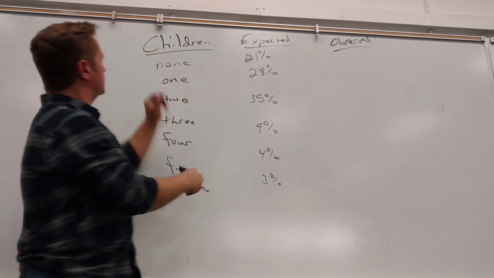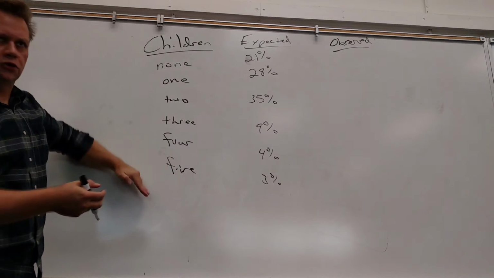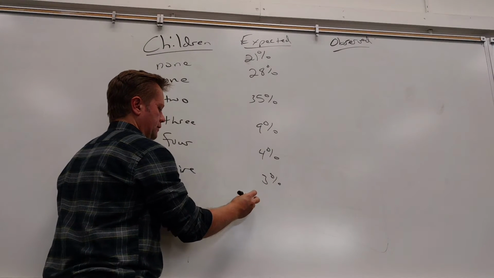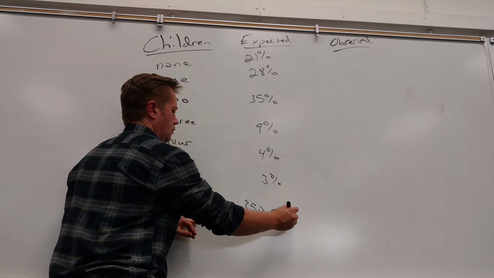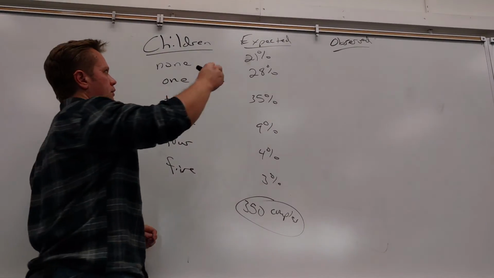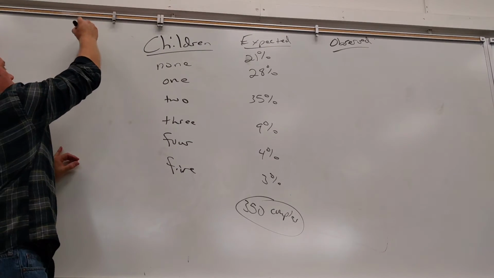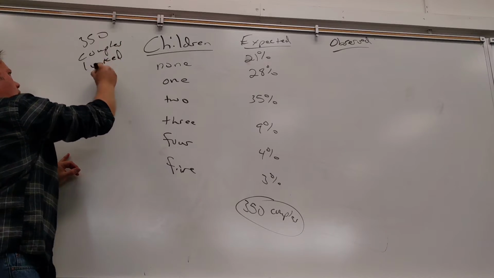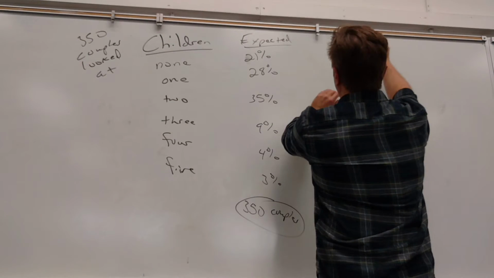Let's say this is looking at people in a relationship and how many children they've had. And let's say I look at 350 couples. 350 couples, right? So this is what I expect to happen. So 350 couples looked at. And we observe this. What you got, Jeff? Oh no, man.